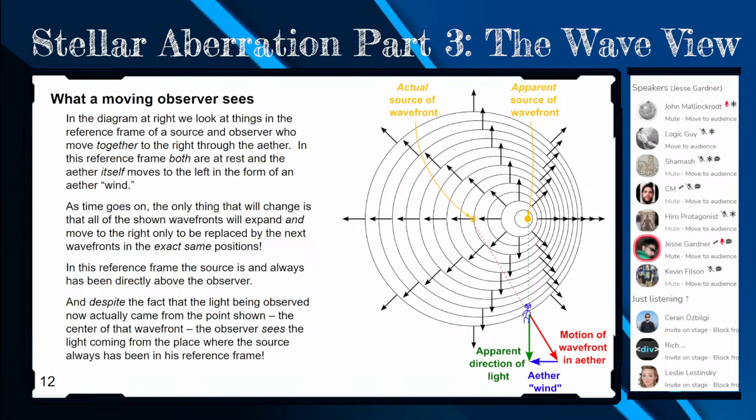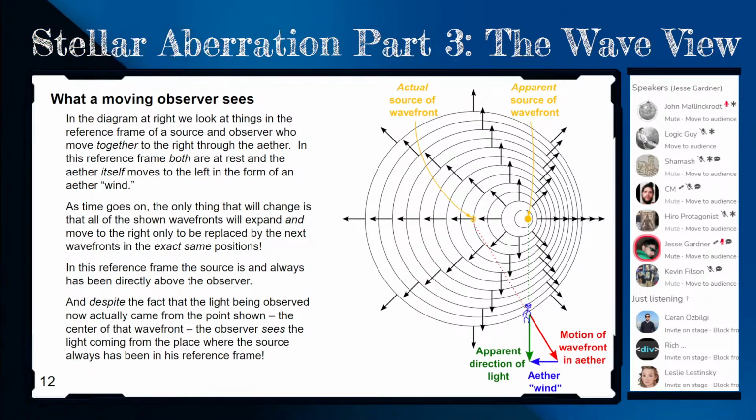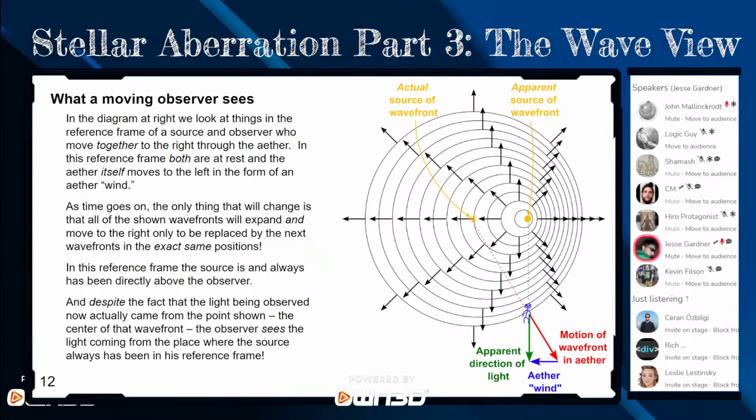They're just offset. The blue guy here is moving to the right. The source is also moving to the right, and the source is always directly above the head of the observer.